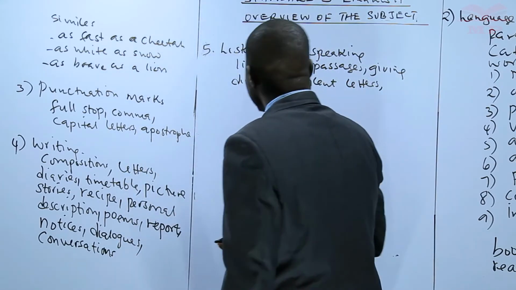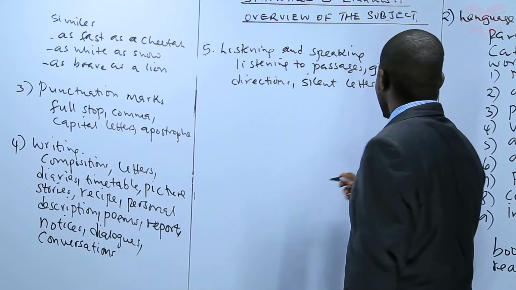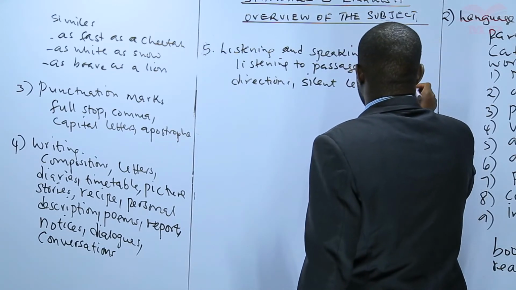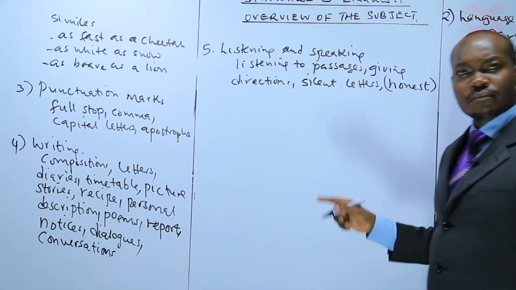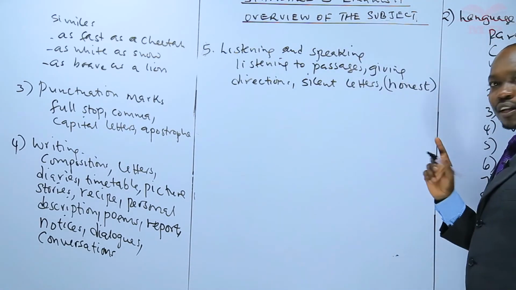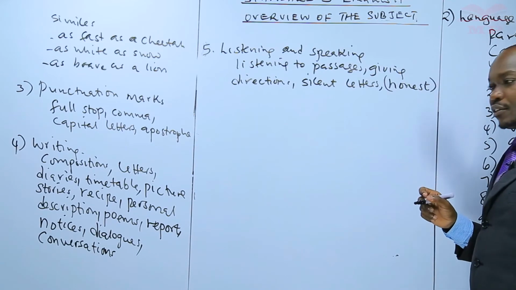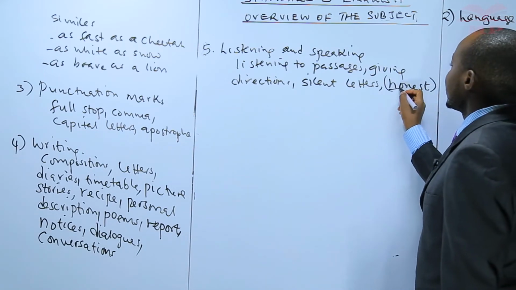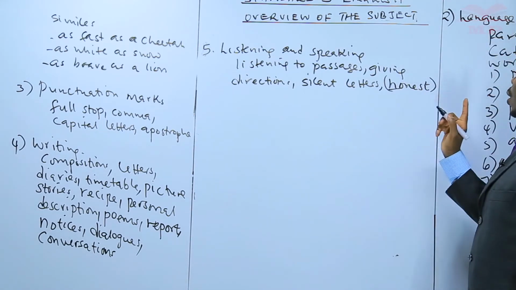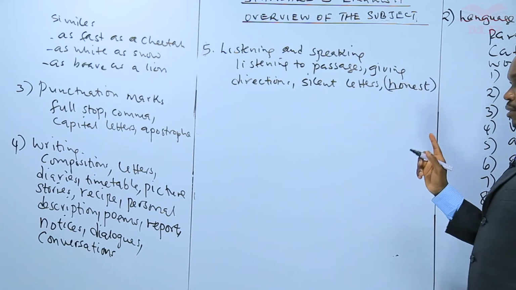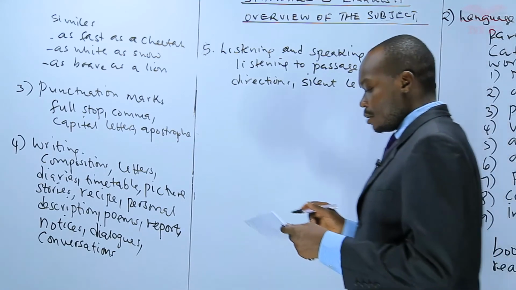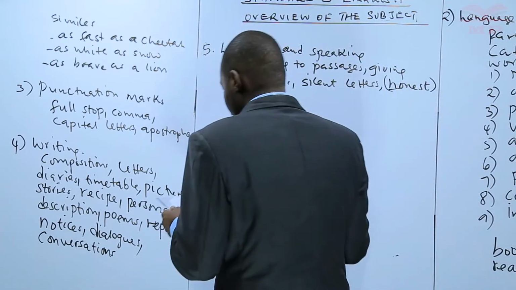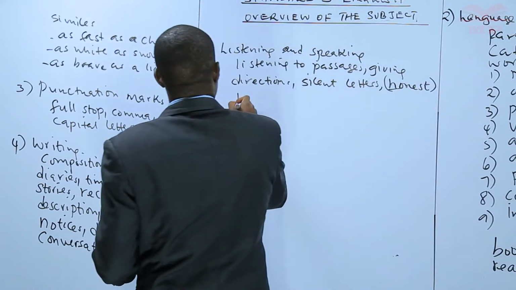For example, this word. How do you read this word? You read this word as honest, okay? Not honest. So letter H is silent. You say honest, not honest. So this silent letter, we shall look at many more examples of that nature. Then pronunciation of words.